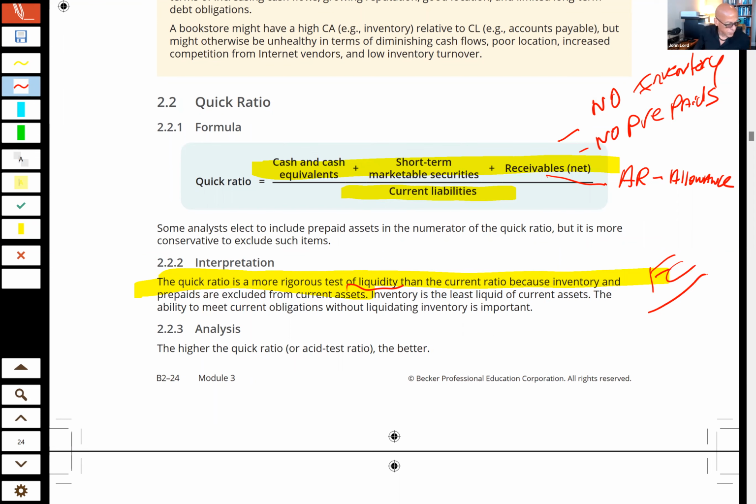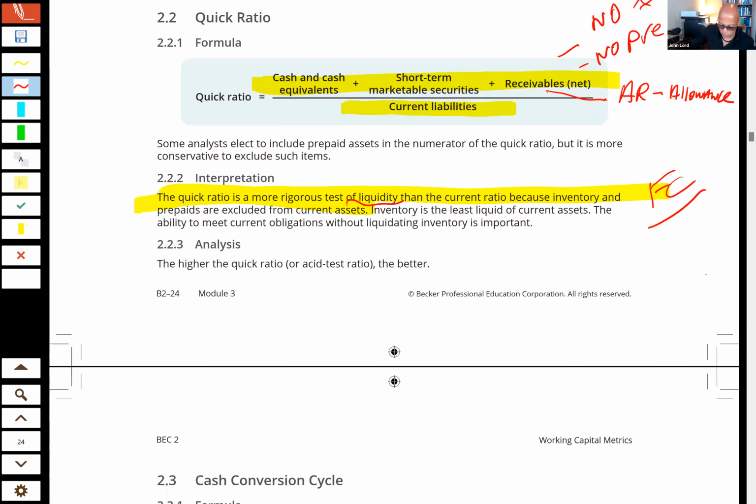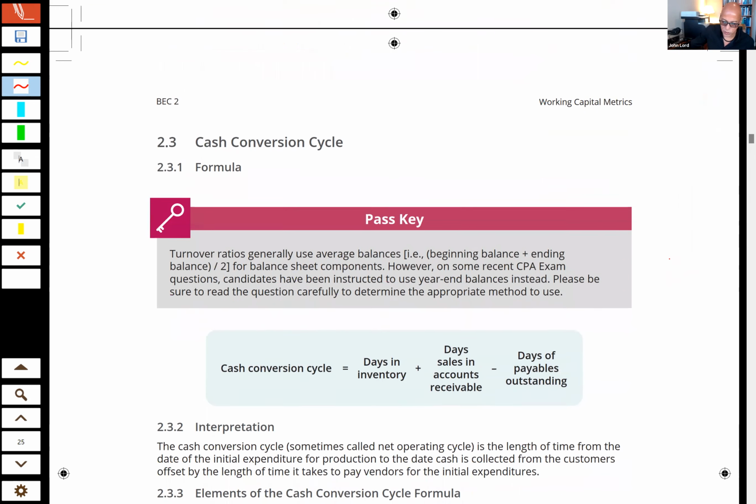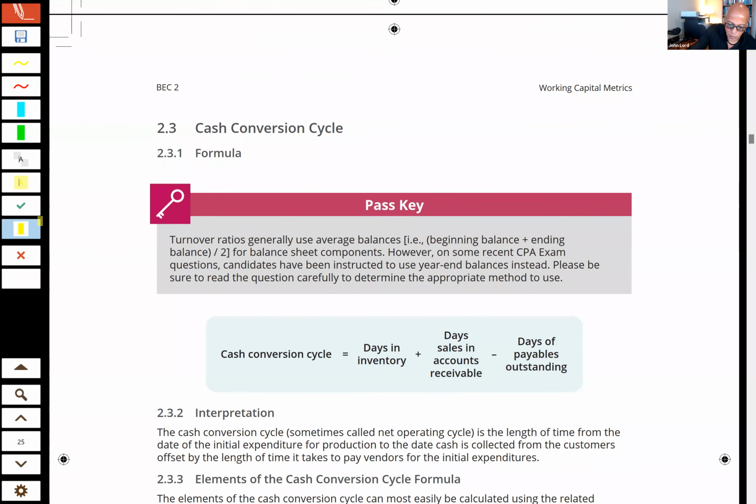Okay, now cash conversion cycle. Cash conversion cycle is not going to be a dollar amount. It's going to be an amount that is measured in days. Sometimes students think that there's a dollar answer to that question. It's days. So you come over and you can see days, days, days, right?